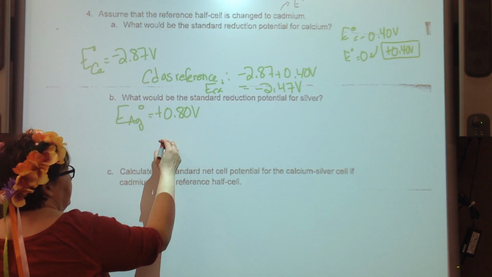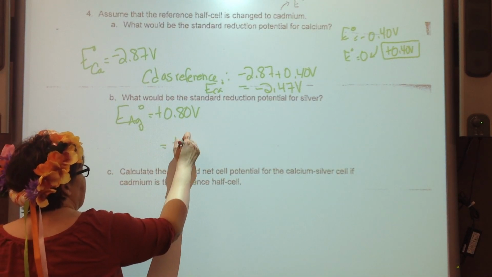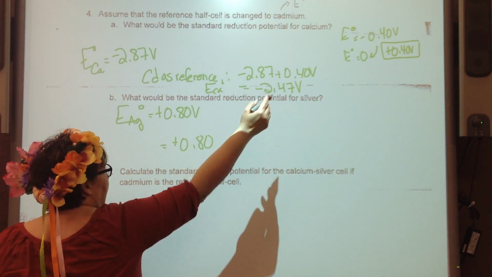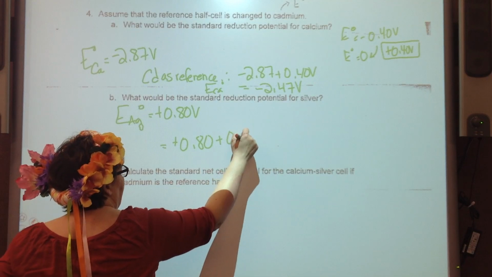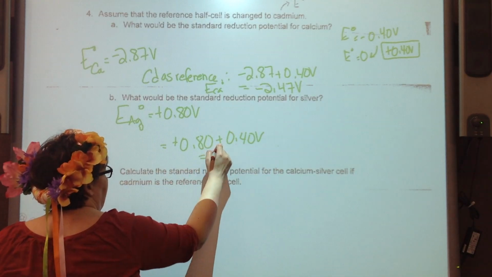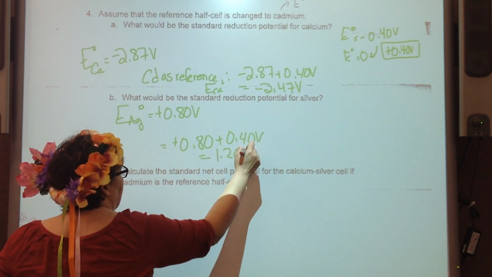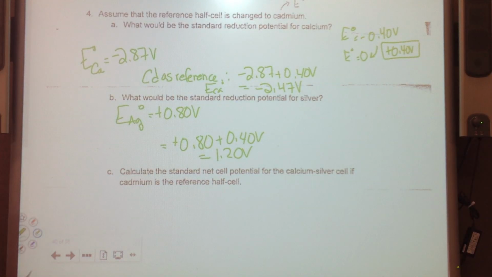So in relation to cadmium, we have to add 0.40. So we get 1.20 volts is the new standard reduction potential for silver when we're referencing it against cadmium.